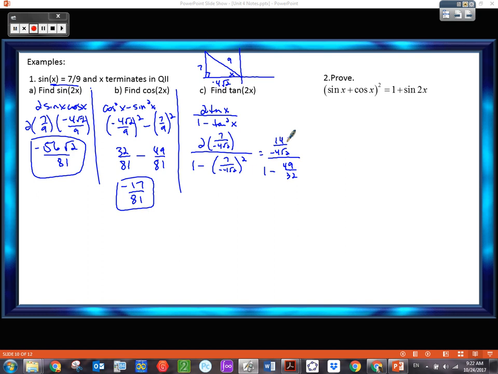I'm going to continue to work it. I'm actually going to reduce the 14 fourths into 7 halves. So 7 over negative 2 root 2, over 32 over 32 minus 49 over 32, which would give us a negative 17 over 32. Then we divide the fractions by multiplying by the reciprocal.